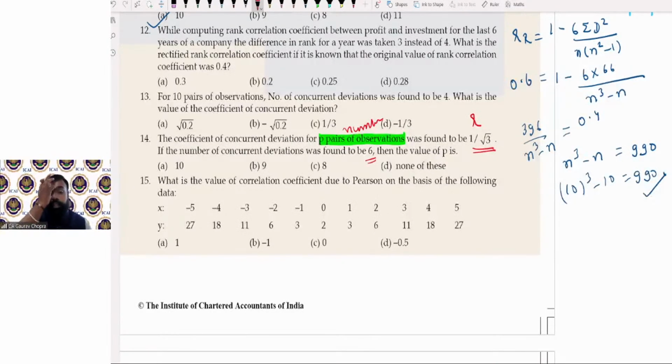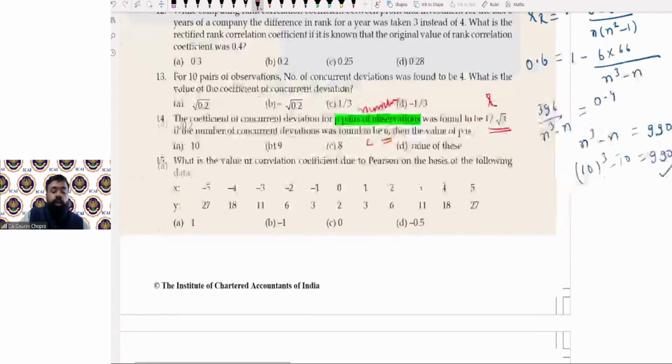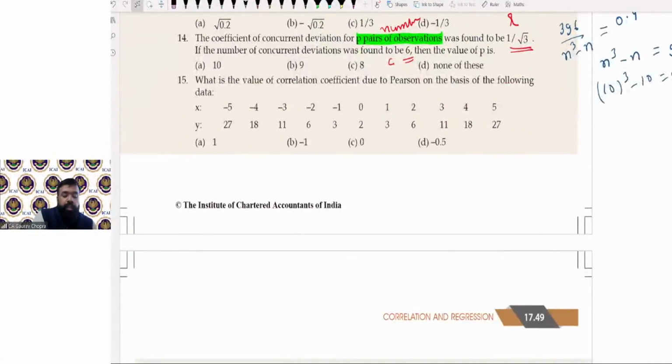If the number of concurrent deviations was found to be 6, what do we write concurrent deviation as? C. The value of C is 6. Then find out the value of P. So apply the formula for concurrent deviation: rc equal to plus minus root of plus minus (2c minus m) upon m. This is the formula.